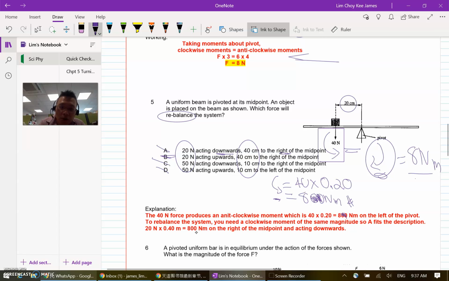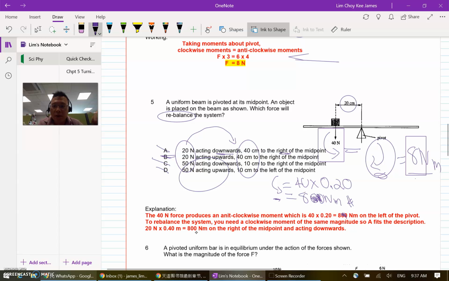The next checkpoint that you need to look at is that the magnitude must produce the 8 Newton meter. So option A, force times distance, please check the magnitude. Followed by C, 50 times 10, check the magnitude.